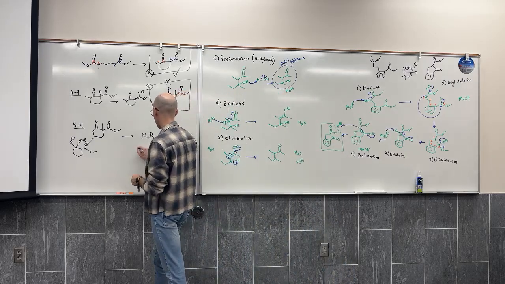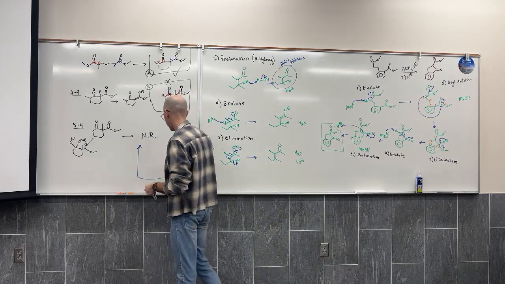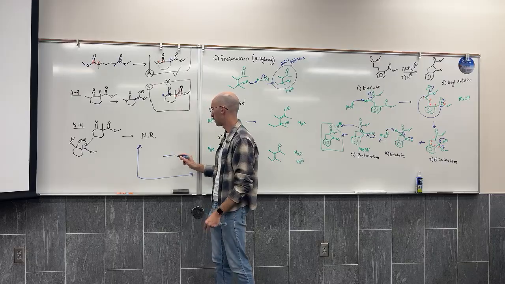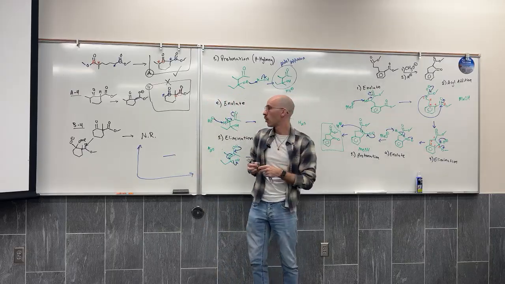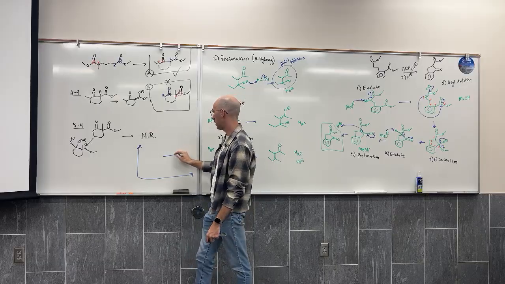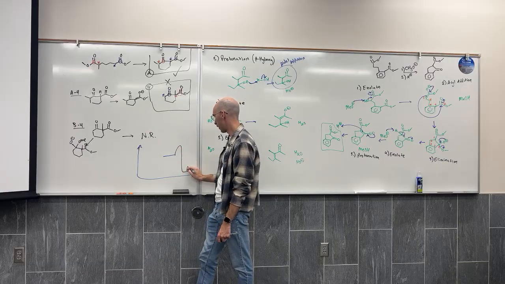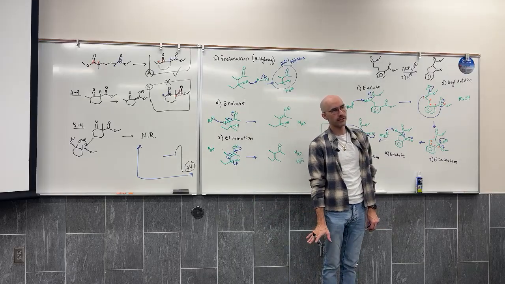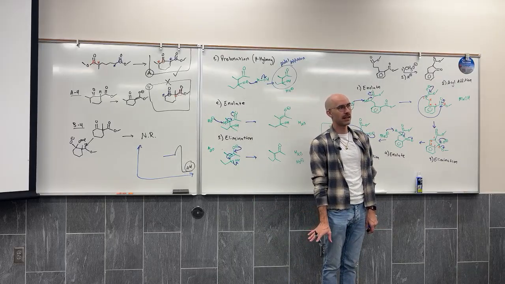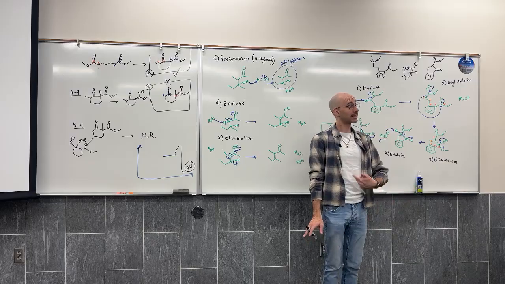What that looks like in terms of an energy diagram, we've got two different possibilities. One of them, A, forms this very stable, unreactive enolate. It's not going to be attacked.